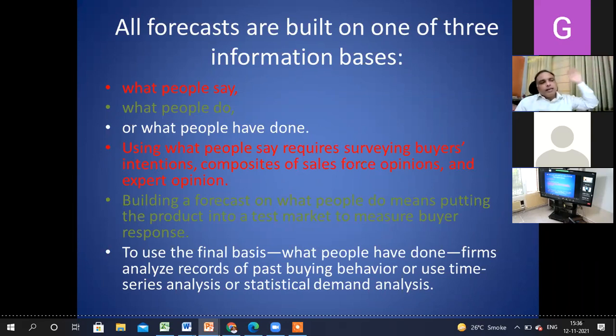Some products are demanded because of festivals, and in a particular festival people demand that product. Or a product is demanded because of something which people don't understand. People are not able to understand why people are demanding this product. This may be because of some emergency. So it depends on the past buying behavior, the past information, past trend.